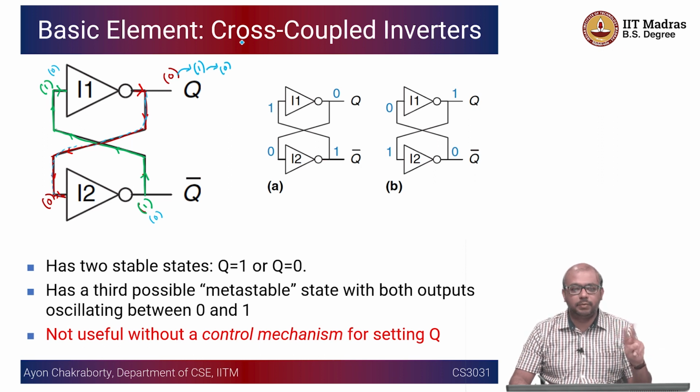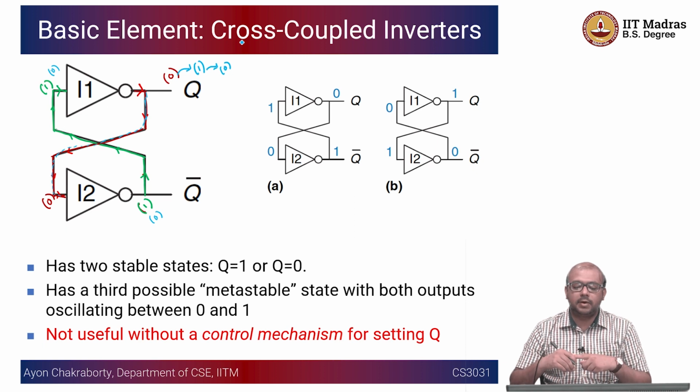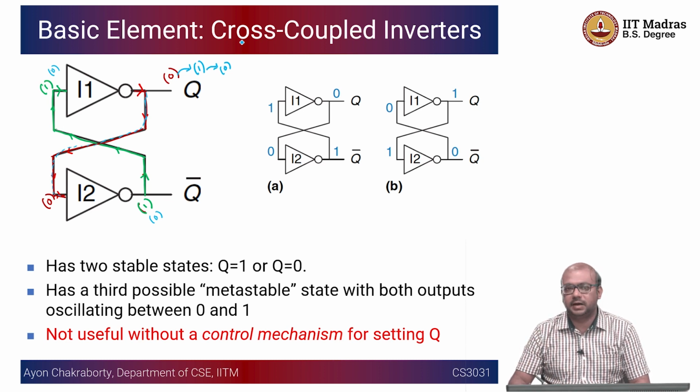If you want to switch the value, that might actually cause some amount of oscillation in the circuit, but still there is no clear control mechanism for how I can set the value of Q. Because once I know how to set the value of Q, it is as if storing a bit of information in a circuit, right?